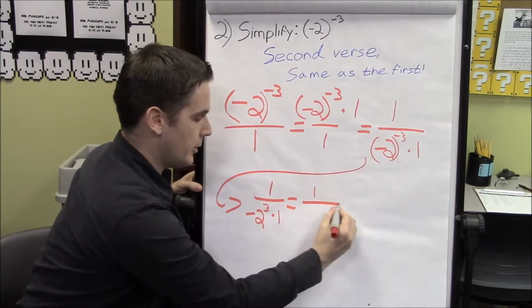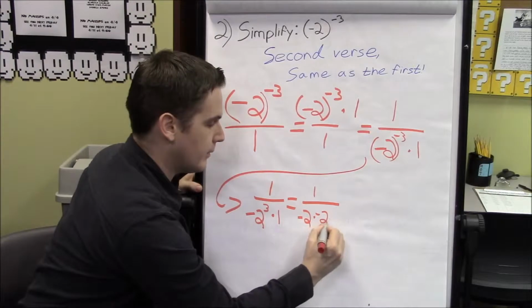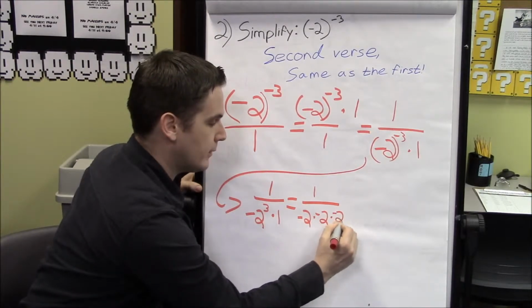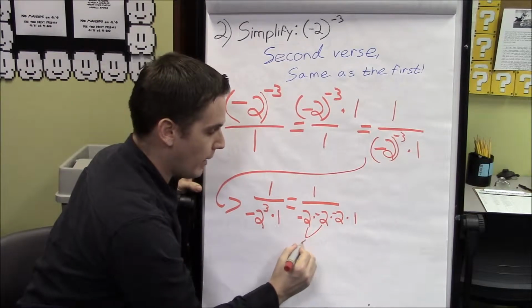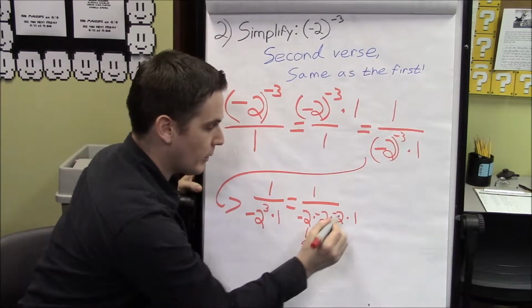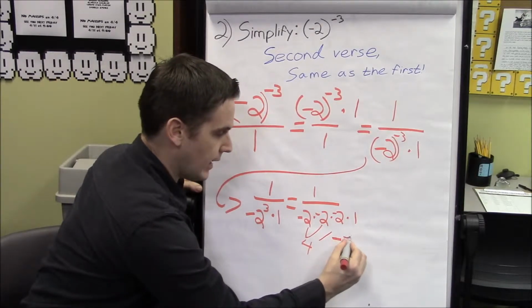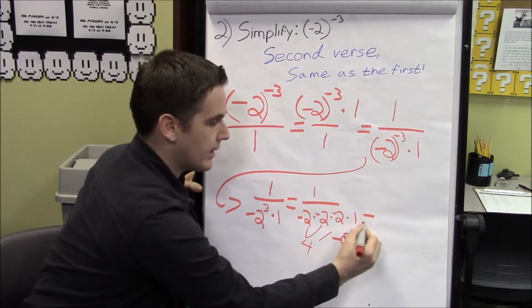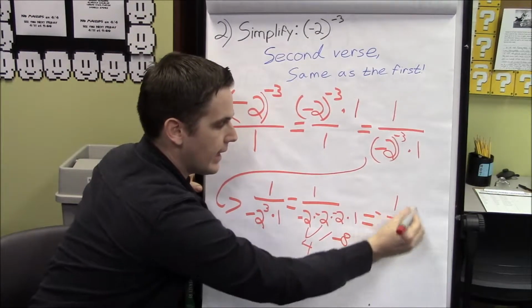So 1 over negative 2 times negative 2 times negative 2 times 1. Negative 2 times negative 2 is positive 4. Positive 4 times negative 2 is negative 8. So that's going to leave us with 1 over 8, and it's negative.